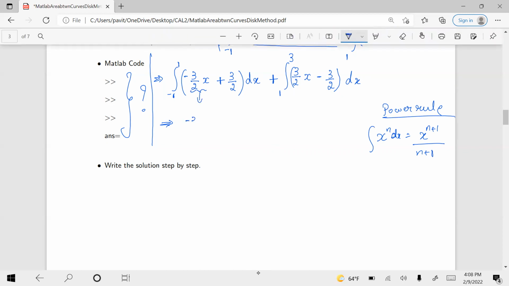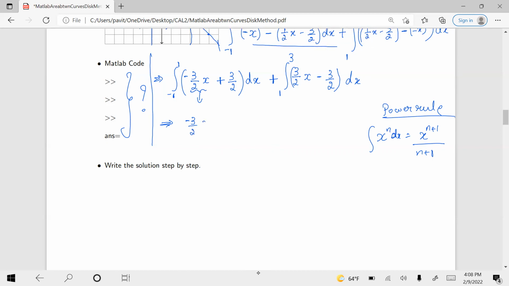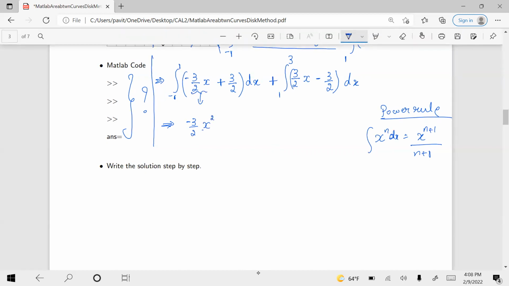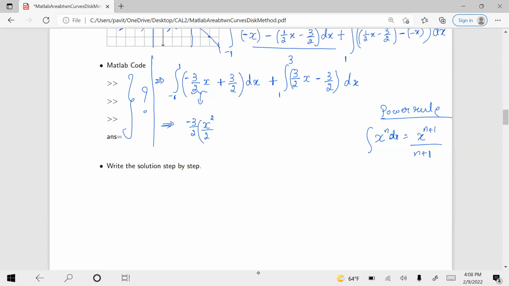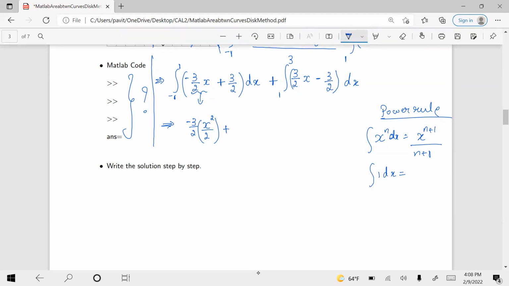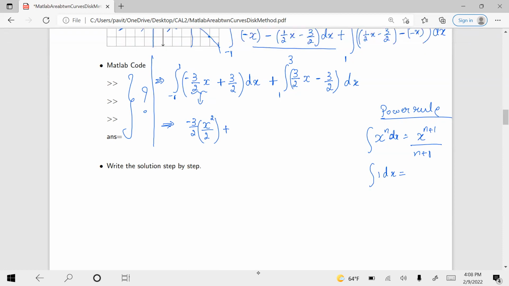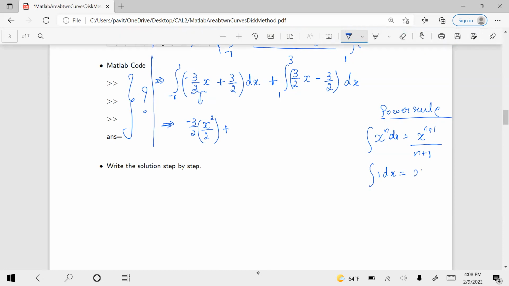Now, this is negative 3/2 x to the power of n plus 1, right? So, x square divided by 2, right? Plus integration of a constant, any constant, it might be 1, 2, 3, 10, 100, anything. Integration of a constant is just x.